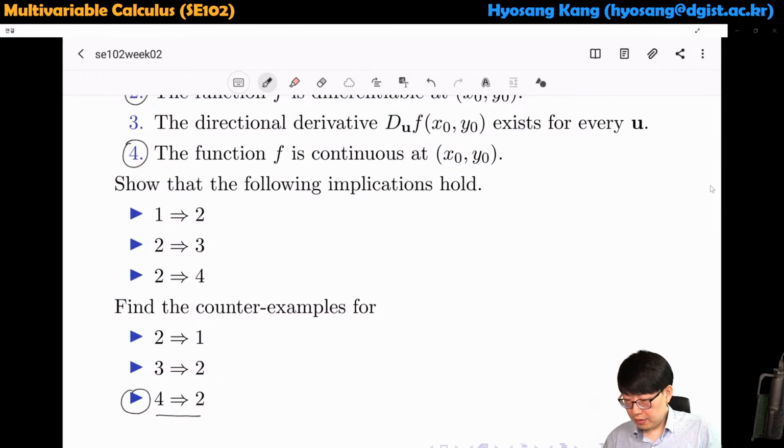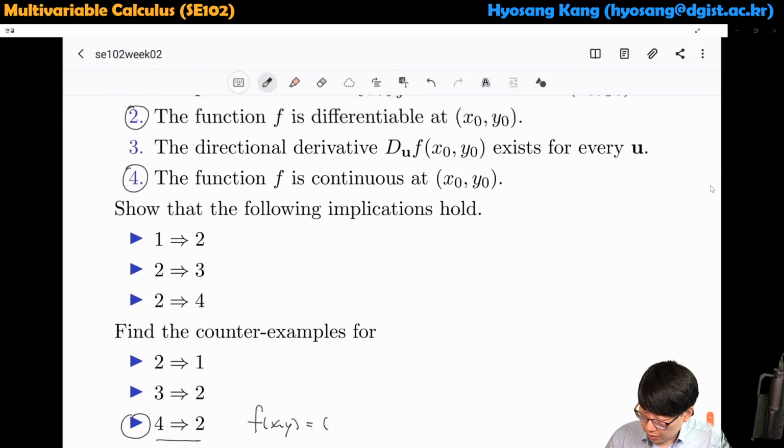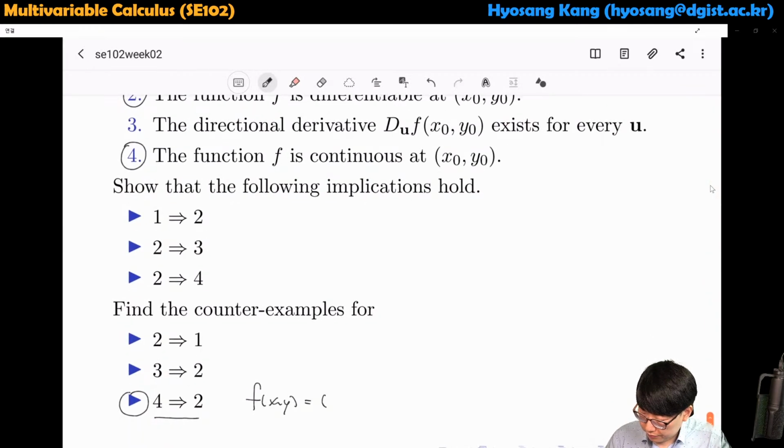What will be a good example? Let's see. I want to define my f(x, y) to be the absolute value of x.